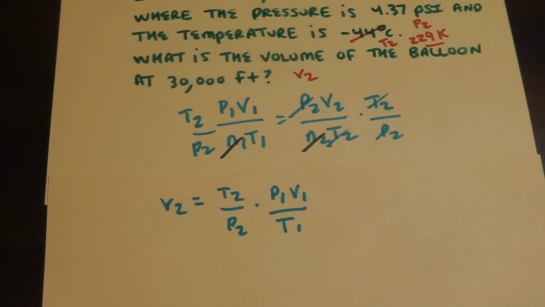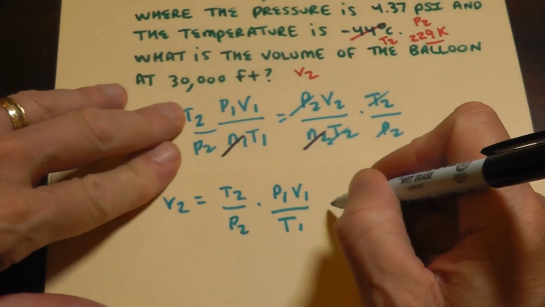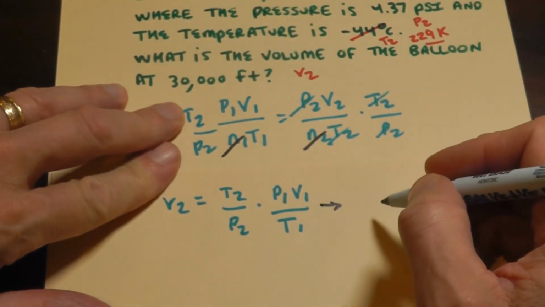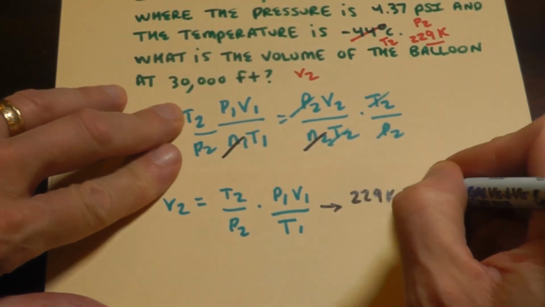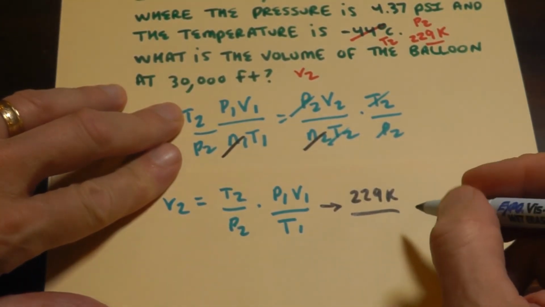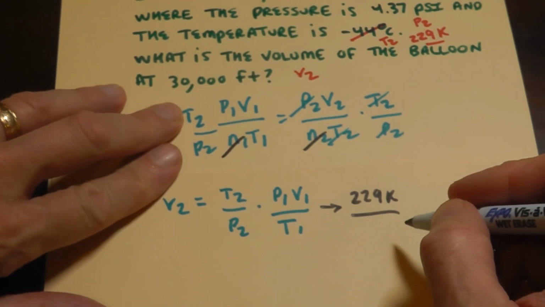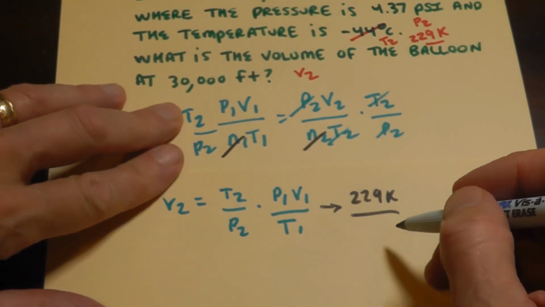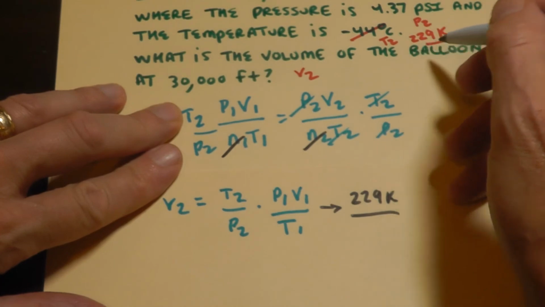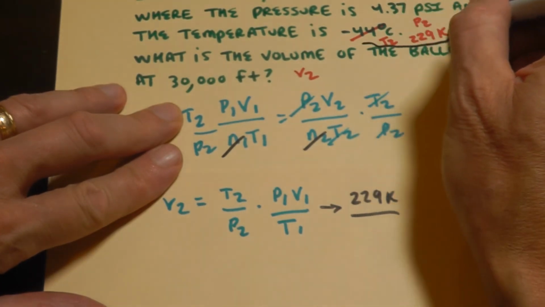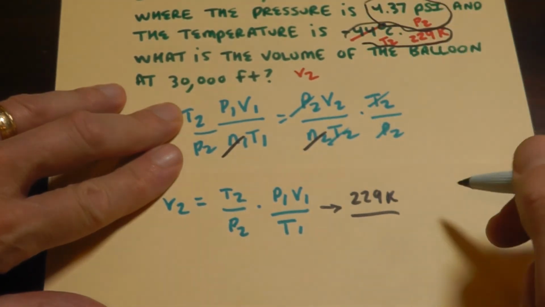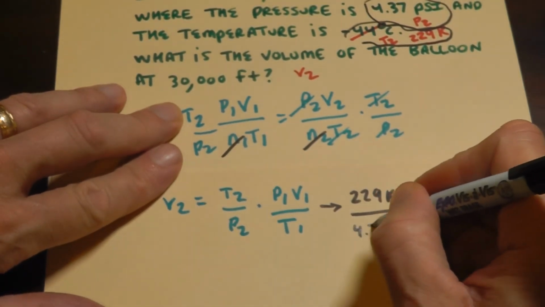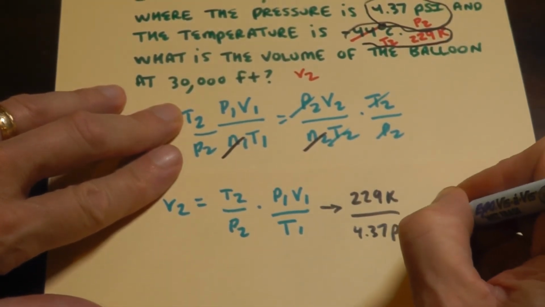So you keep yourself honest when you do these things, all right? I'm going to plug in all the numbers, and I better get units of volume. So T2, what was T2? 229 Kelvin. What was P2? 4.37 psi.